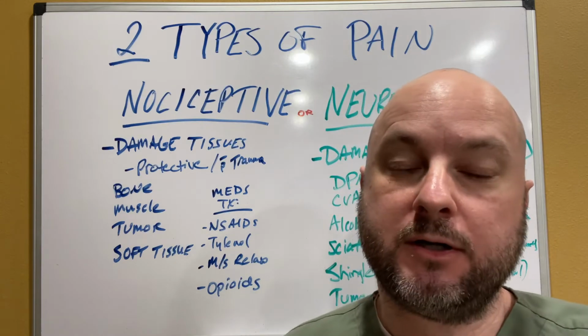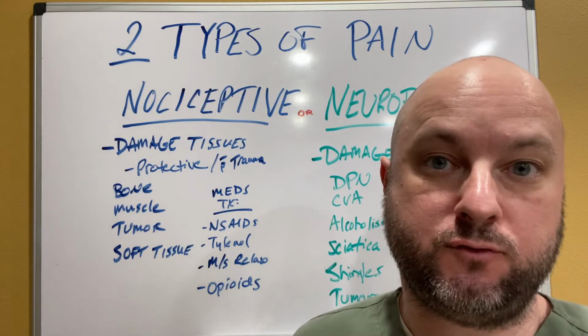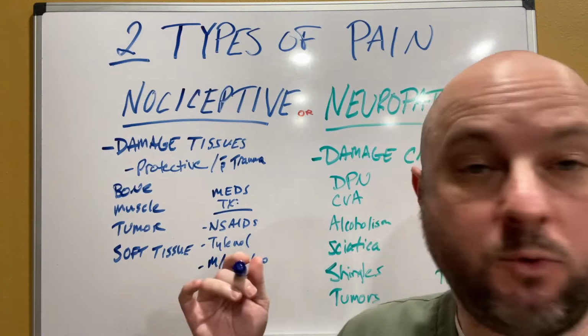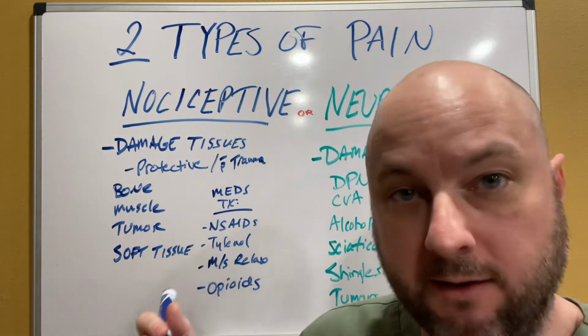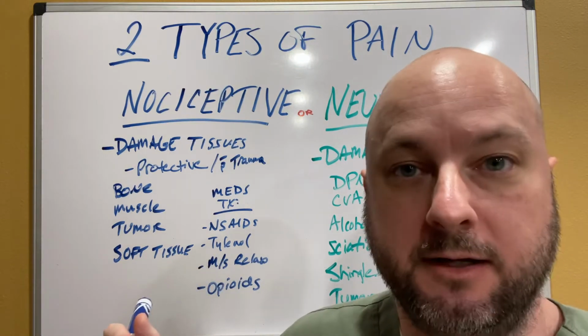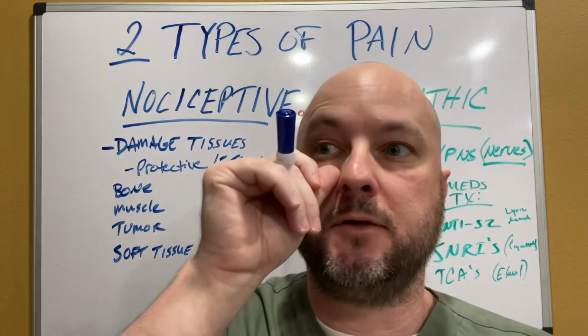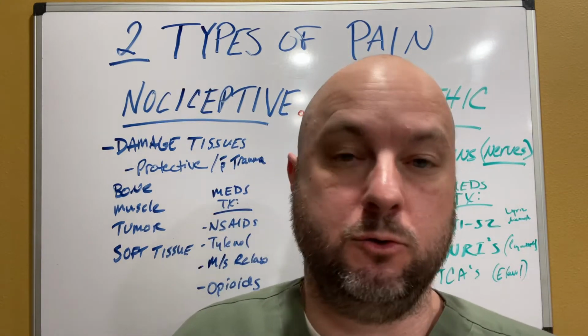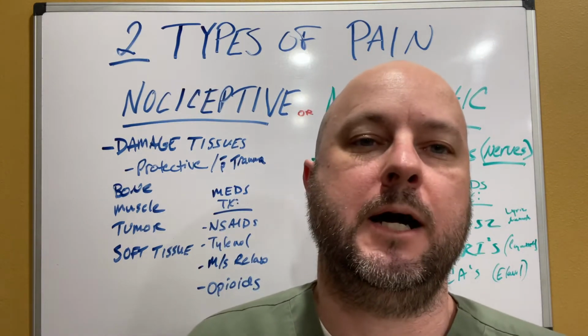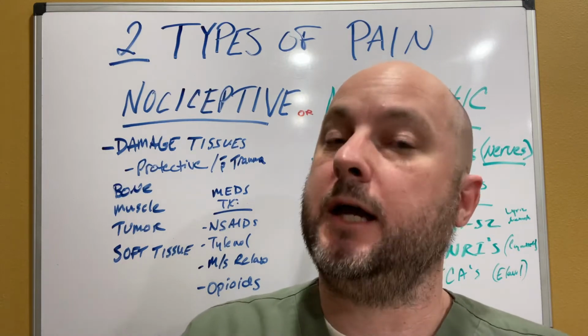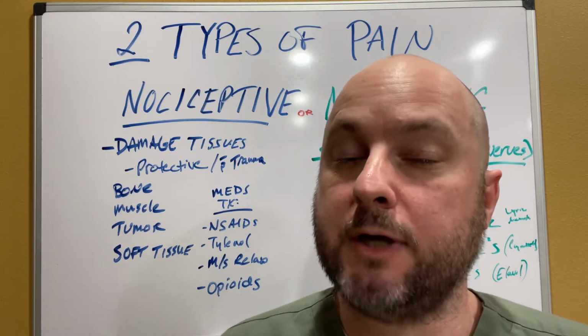What are the most common medications used for nociceptive pain? Well, number one, it's Tylenol, good old Tylenol. It's very effective for a lot of acute pain. Then, in a lot of cases, you can use anti-inflammatories.